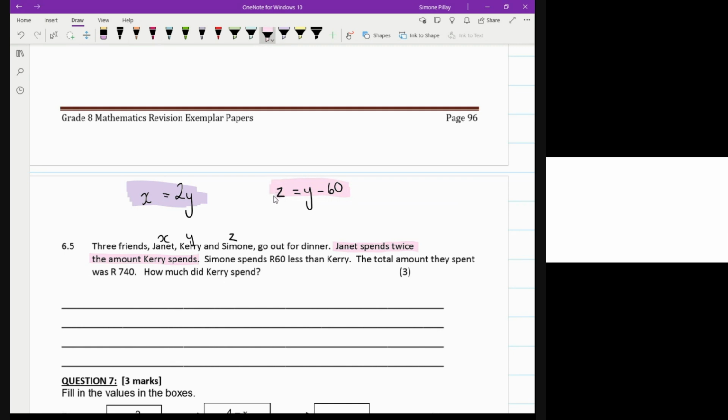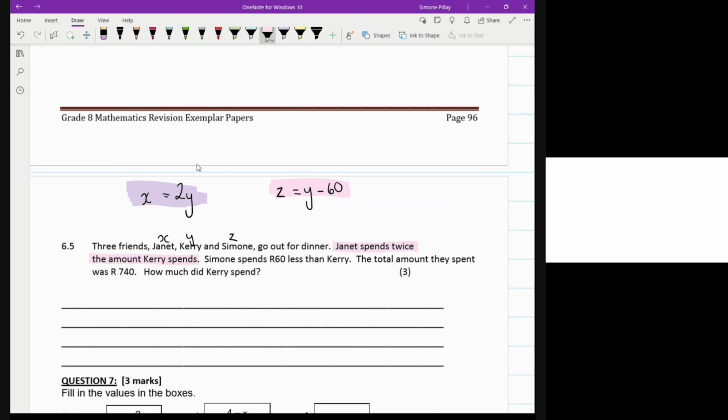Now, what they're saying is when you add up what everybody spent, the total was 740 Rand. Now, immediately I'm like, there's three variables here. What am I supposed to be doing? And so what I'm going to try to do is create one equation, and write them all in terms of one variable.